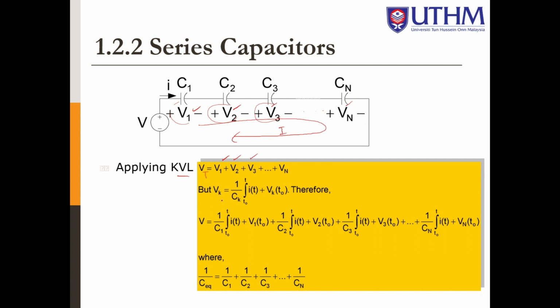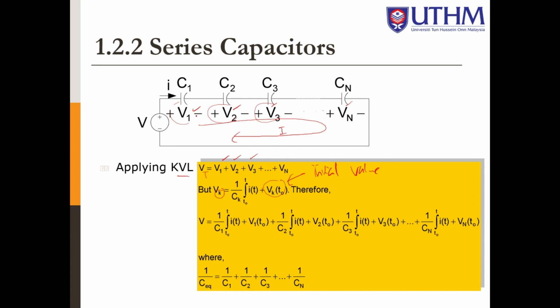You should remember that for the k-th capacitor, Vk equals 1 over Ck times the integral of i dt, plus Vk at t naught, which is the initial value of the voltage in the capacitor.